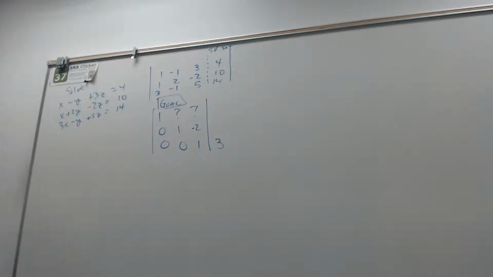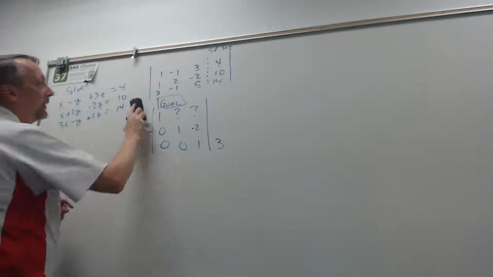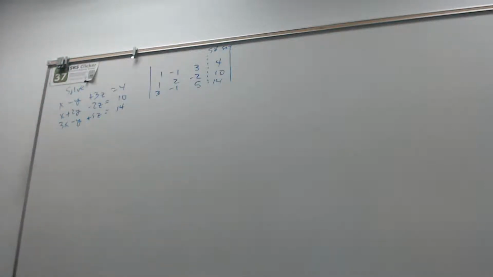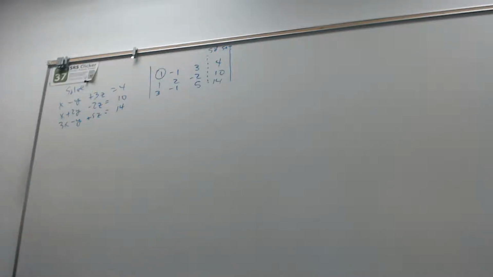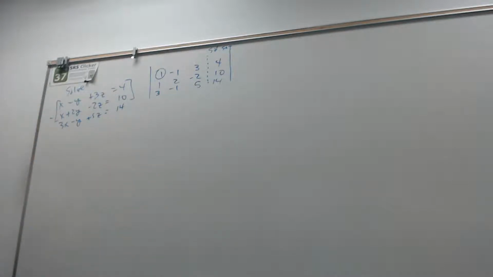Now, I'm going to erase that. One of the nice things is, I've already got a 1 in this place, correct? Now if I were to use elimination and I wanted to eliminate the x's, the easiest thing would be to take these first two equations and just subtract them, correct?